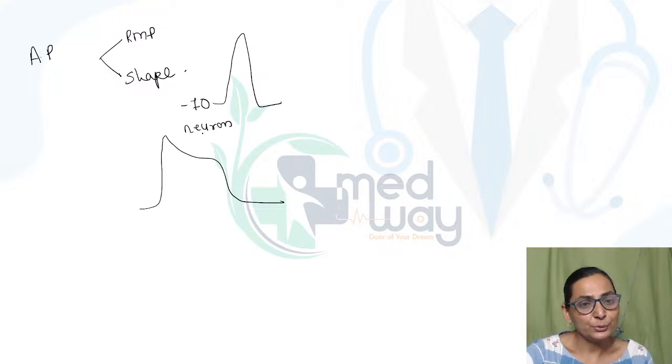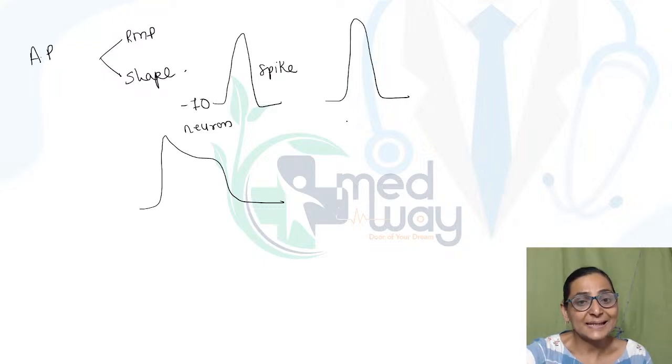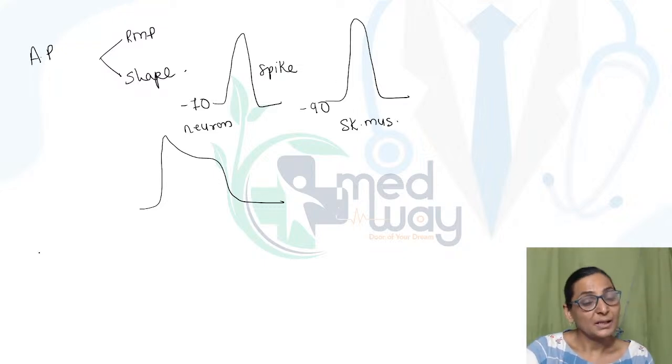So if it is a neuron, it will be minus 70 and a spike. If it is a skeletal muscle, it is going to be a spike and minus 90. Now, if it is a plateau and minus 90, cardiac muscle.